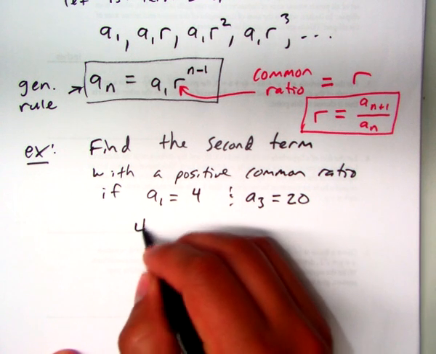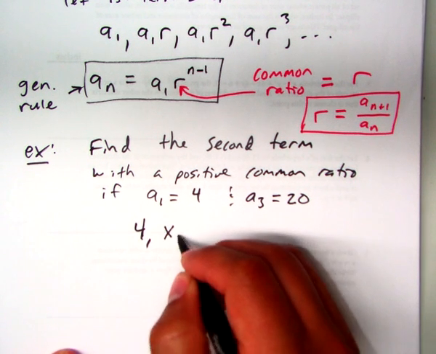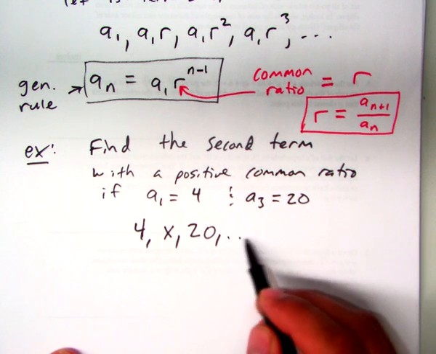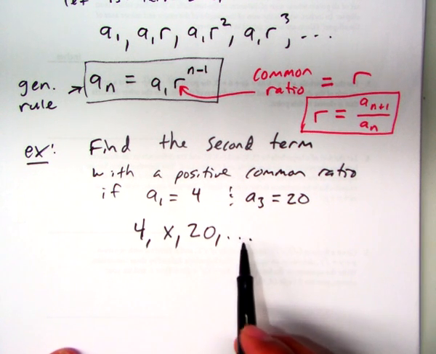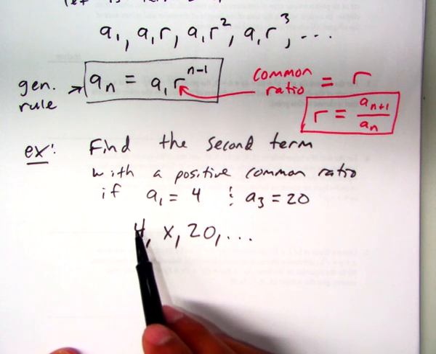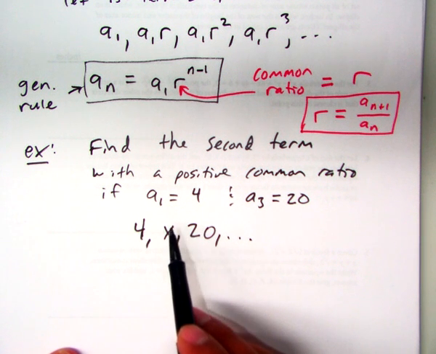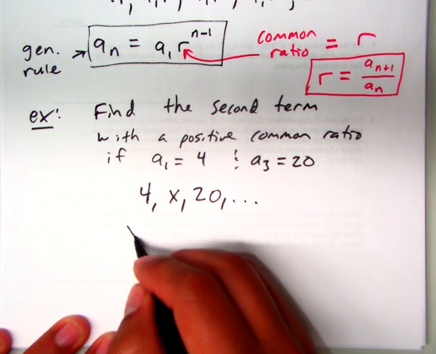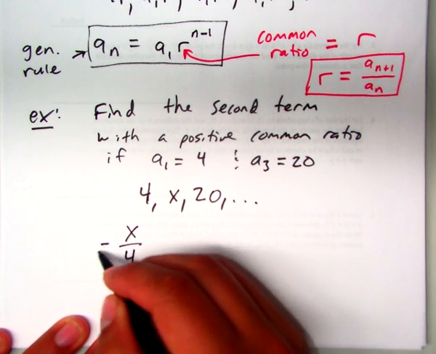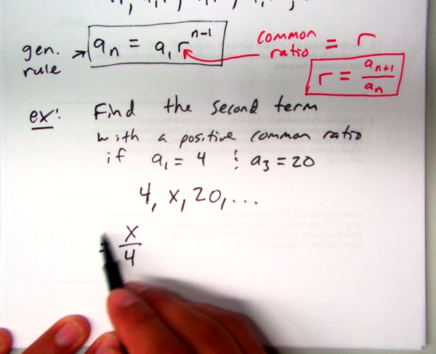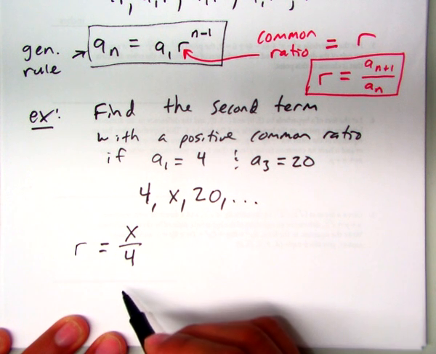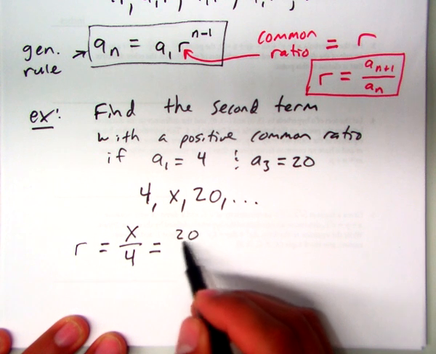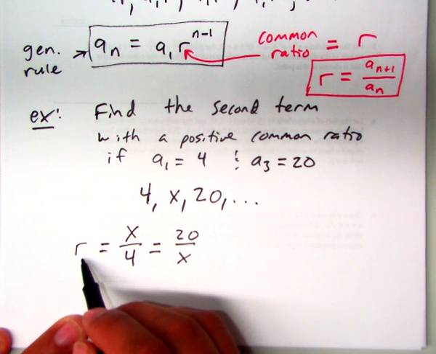So if I write it out, this is probably the easiest way to do this one. Obviously, this sequence continues, but we have to multiply 4 by something to get x, and then multiply x by something to get 20. Or, if you take x divided by 4, that should be the common ratio. I should also be able to take 20 divided by x to get that same common ratio.